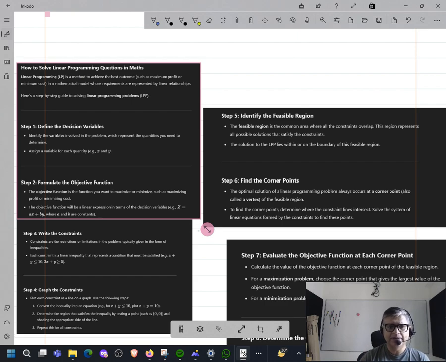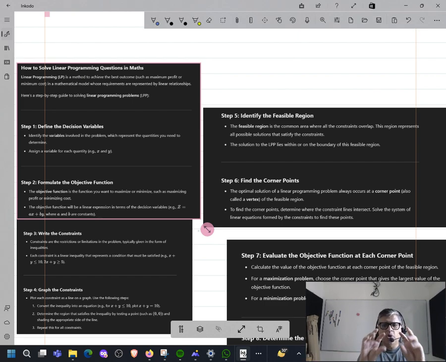Okay, step number 1. Step number 2, the objective function, which means the cost. So you may be given the cost of one chair, one table, and you have decided let the number of chairs be x and y tables, right? So you can write a cost function, 250 into x plus 20y. That's your objective function.